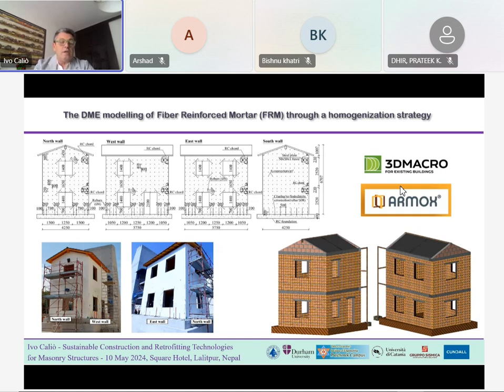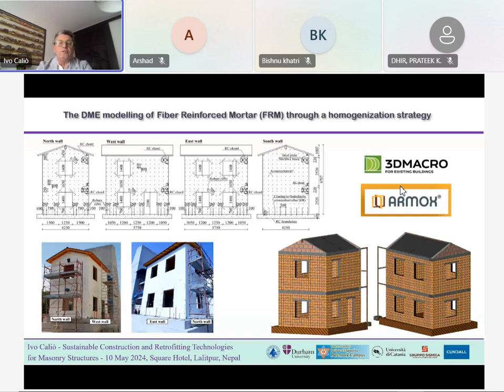Here we can see an example of this validation considering real structures, two-floor structures that have been retrofitted with a fiber reinforced mortar produced in Italy by a group called Armox.